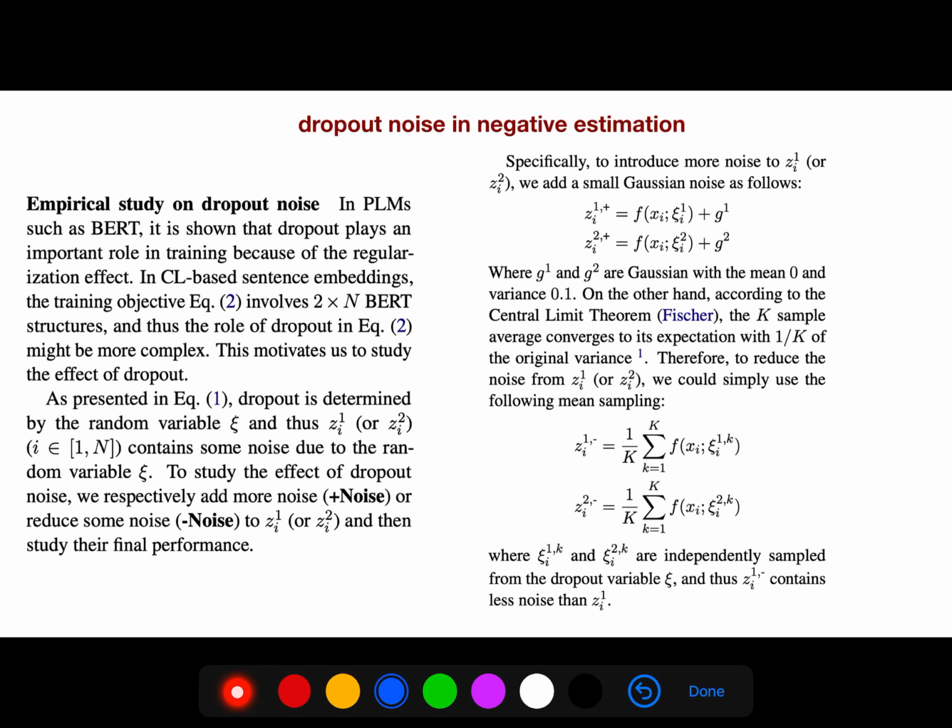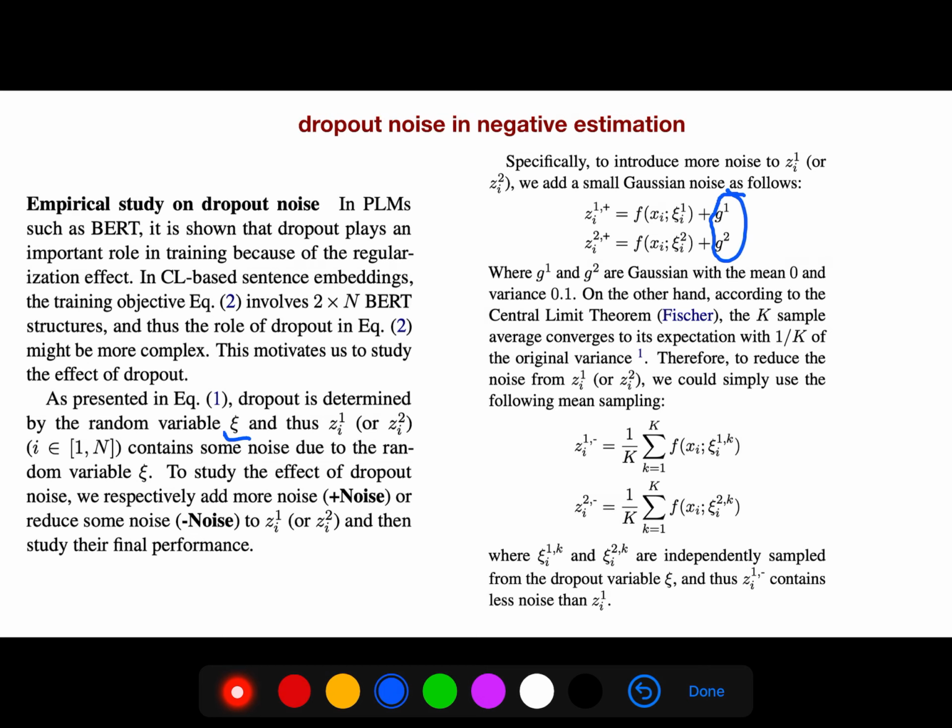So we can use dropout noise in negative estimation. Dropout is determined by the random variable c, and thus z sub i contains the noise due to the random variable. To study the effect of dropout noise, we respectively add more noise or reduce some noise, and then study their final performance. So these are Gaussian with mean 0. We are adding to that, and they have variance 0.1.